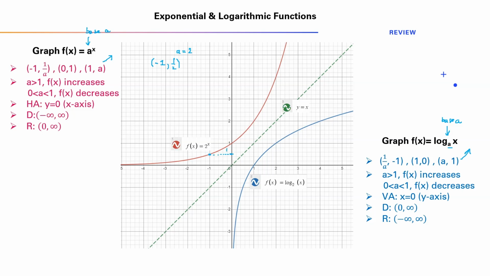This is 1/2. Then the second point is 0, comma 1. Then we have another point at 1, comma 2. Those are the 3 points on the graph.